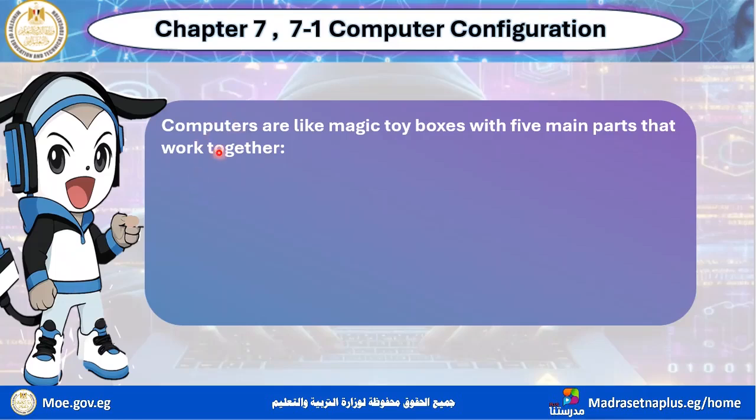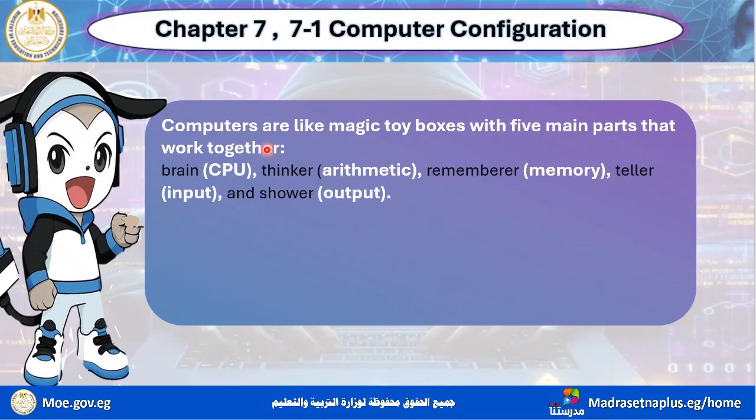So all computers are like boxes in front of you. Well, these boxes contain the brain, which thinks for the computer. Okay, it's the CPU, Central Processing Unit. And the thinker is the arithmetic. Okay, it gives logic to the operation.